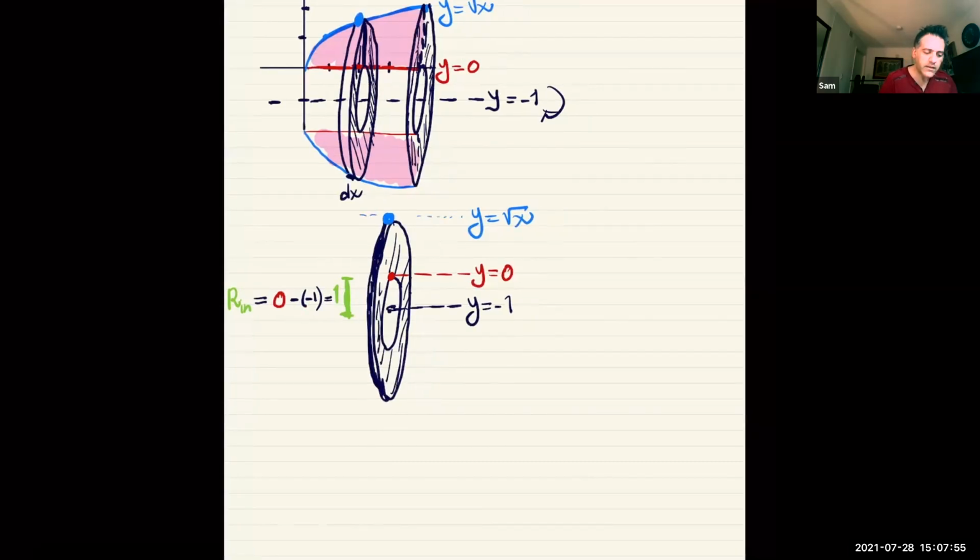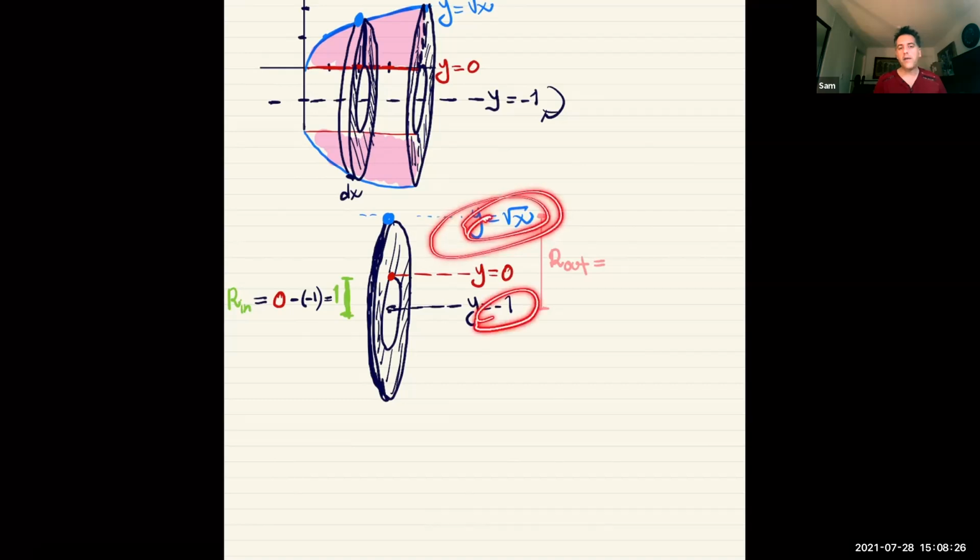And the outer radius is this distance. R sub out means outer radius. Again, you always do top minus bottom. It's intuition: if you're finding a vertical distance, you take the bigger y minus the smaller y.